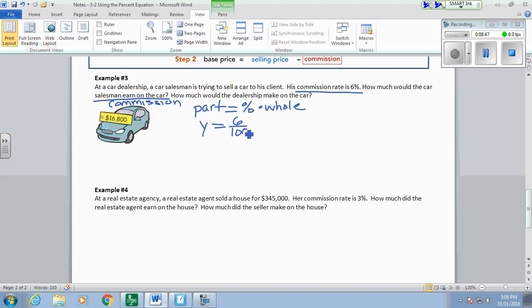And the entire price is $16,800. And I showed you guys this in class, that I could go ahead and cross-cancel the zeros. And now all I'm left with is 6 times 168. And 6 times 168 will be 1,008. So the car salesman will earn $1,008 in commission.